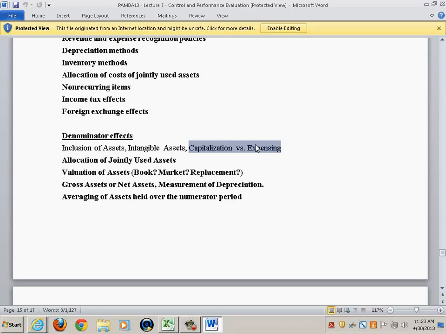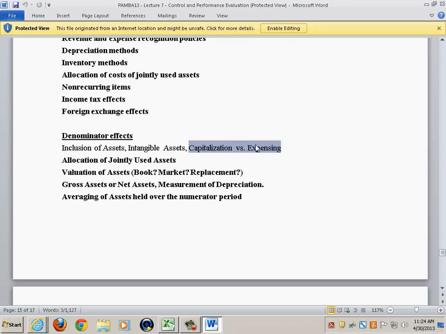The portion that is expensed is obviously not included in the asset base, but is included in the expense component of the earnings. Now, when does this issue arise? I'll give you a number of examples. I'm sure you've discussed it before.